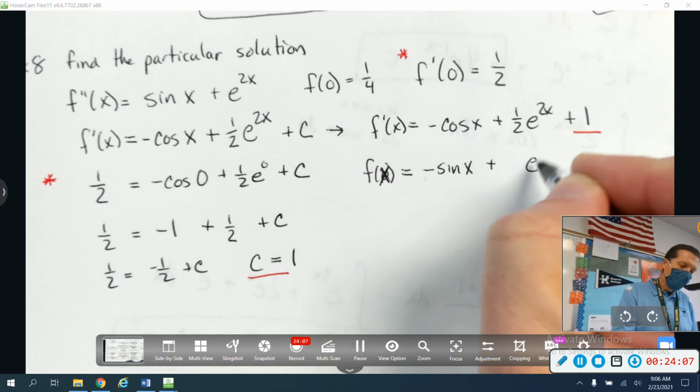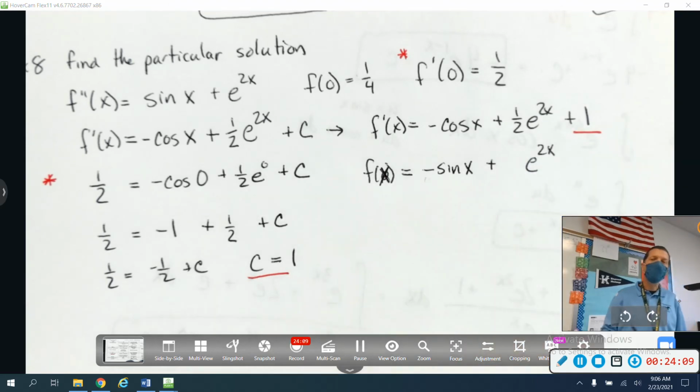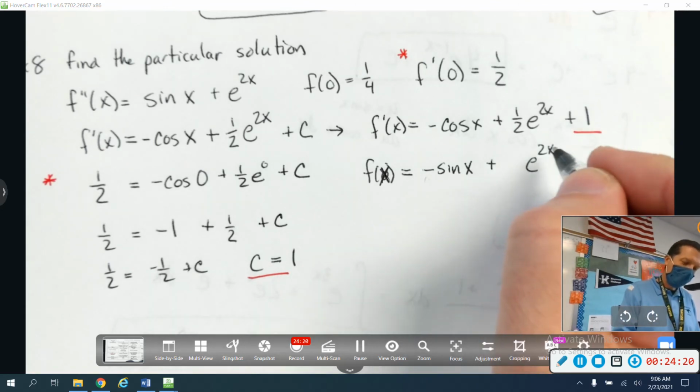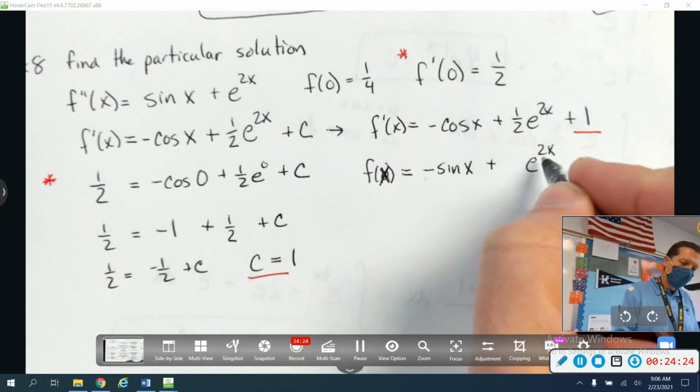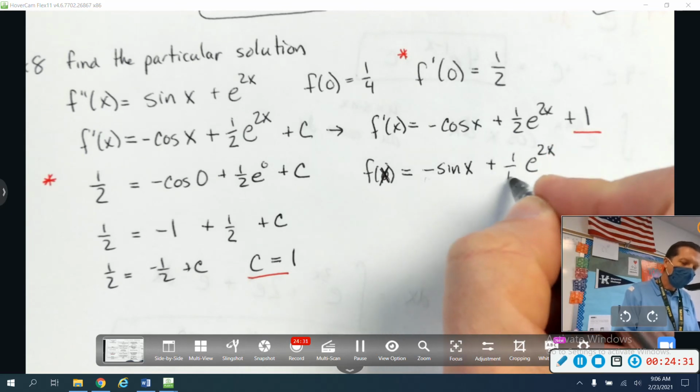And I know e to the 2x will still be e to the 2x, but I need to go backwards. I need to sort of unchain rule this thing. So what's going to be out front? Let's see. I want it so that if I multiply it by 2, I get to 1/2, so 1/4.